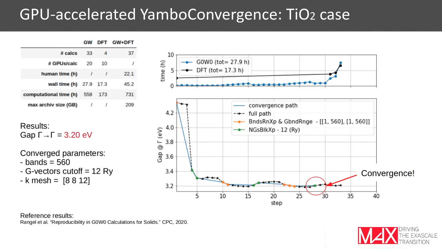Here we tested the convergence for bulk titanium dioxide on the Leonardo supercomputer, and the plot shows the convergence of the gap with respect to the number of steps, the number of iterations of our workflow, and we can see that after 28 steps we have reached convergence of the band gap at the gamma point.